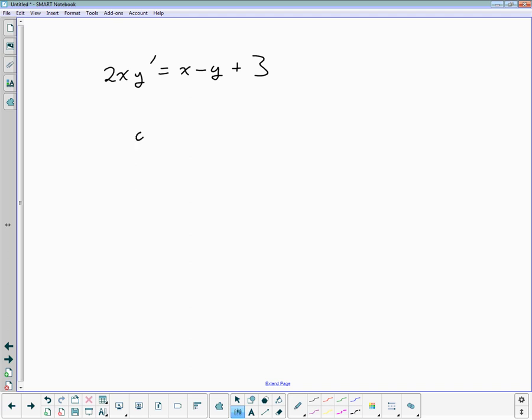So we wind up with dy dx is equal to x minus y plus 3 all over 2x. You can break up the numerator if you really wanted to.